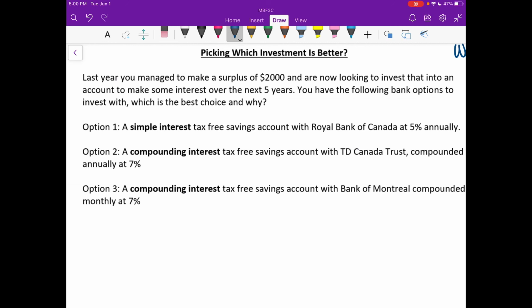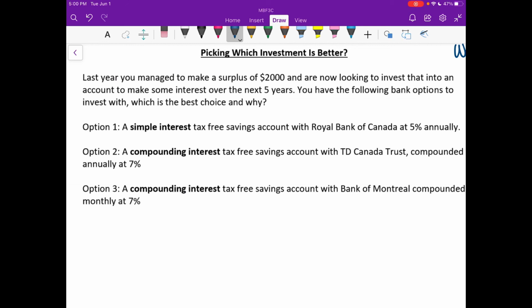So you want to take into consideration what type of interest is it, what type of compounding period is it, how long am I investing it for, and if it's a compounding account, how many times is it compounded? Because if it's compounded more, you're reinvesting more times, but then your interest rate is going down each time you're reinvesting it. So at what point does it not pay off to have it reinvested multiple times?